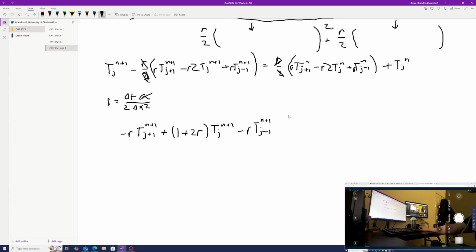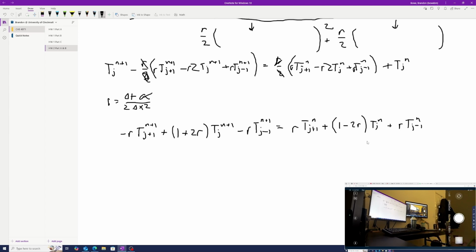That's our left side, and on the right we have r times Tj plus 1 n. We have our minus 2r Tjn and then plus Tjn, so we'll end up with 1 minus 2r Tjn, and then lastly plus r times Tj minus 1.